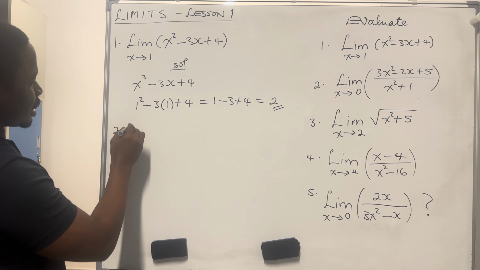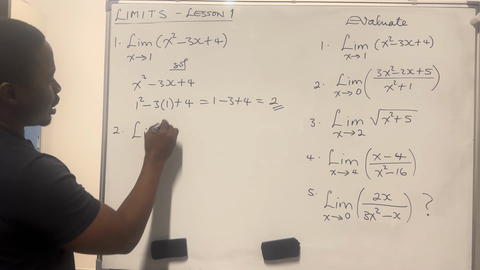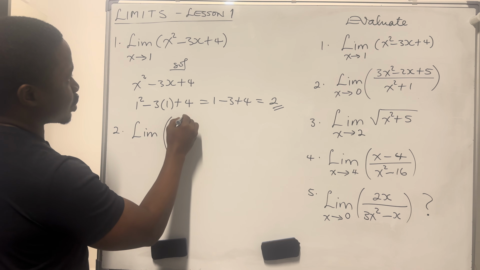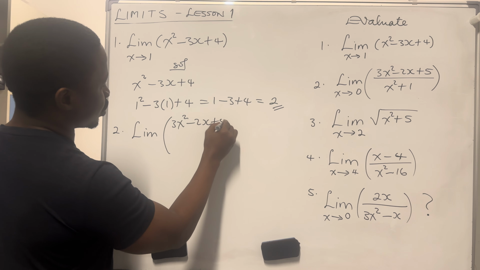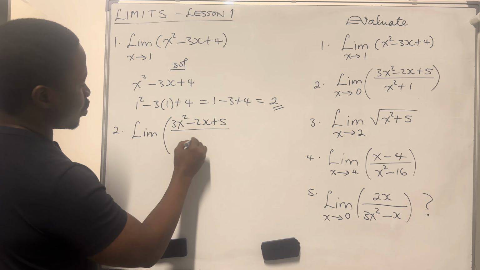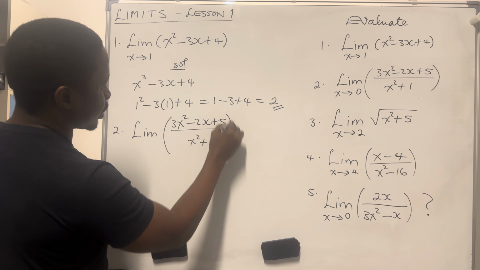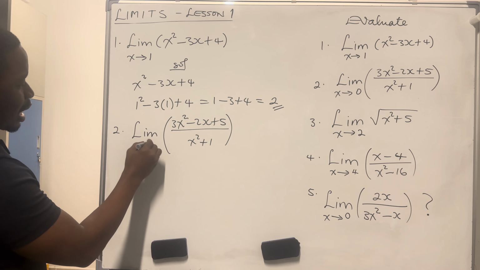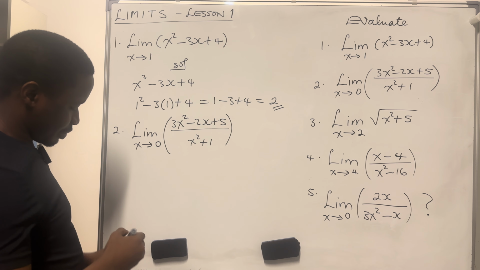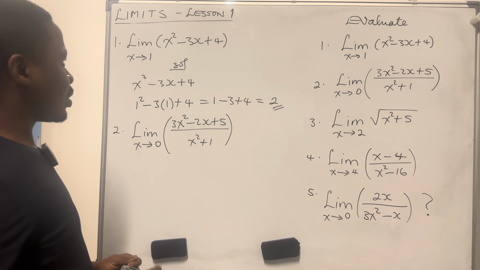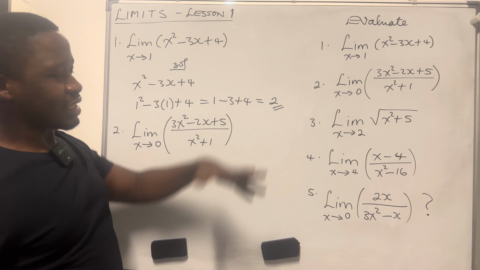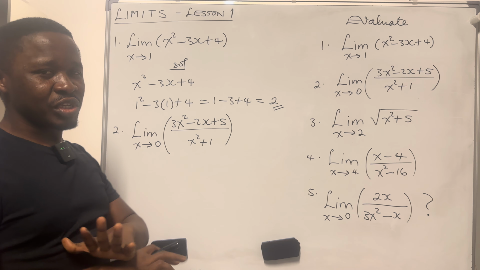So the second one says the limit of 3x squared minus 2x plus 5 over x squared plus 1 as x approaches 0. You need to pay attention. When you have a polynomial function like this, you don't need to worry about anything. Just substitute.